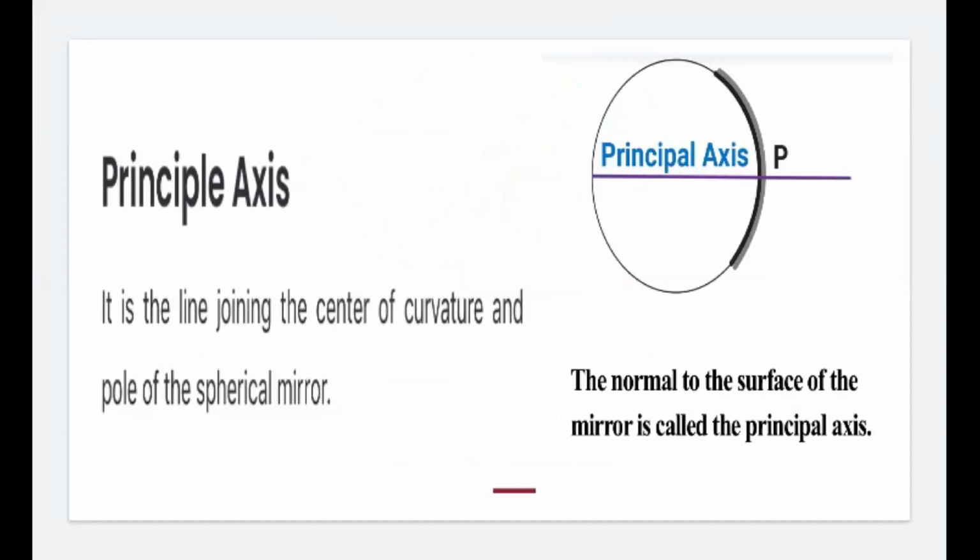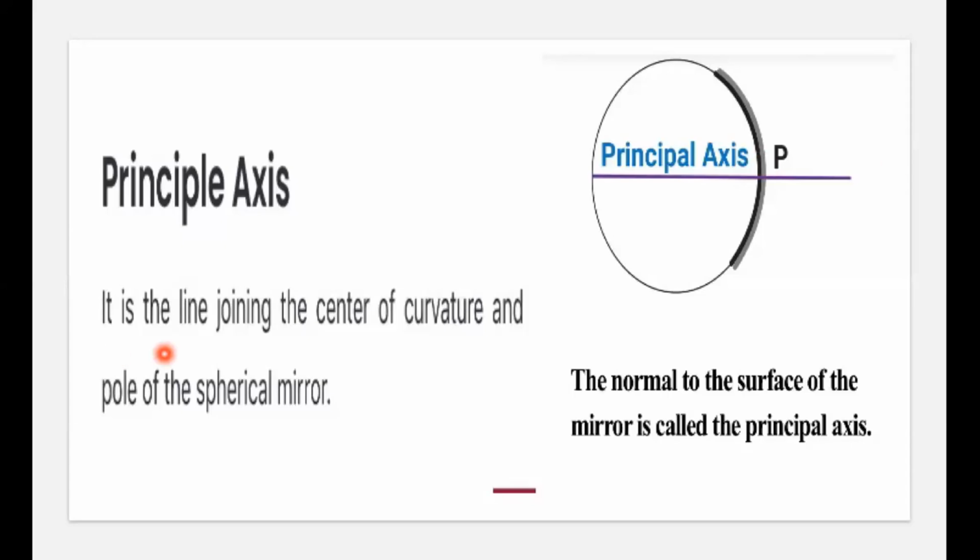The next terminology that we will now see is the principal axis. Towards the right hand side of the slide, I am having a sphere, and definitely you can see a line which is passing through the pole. This line is called the principal axis.